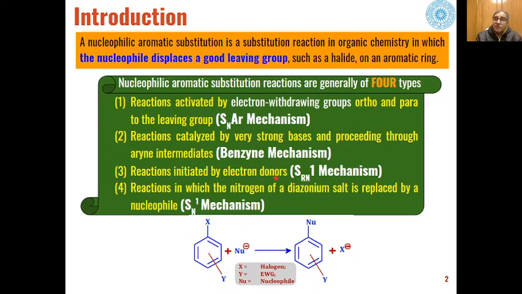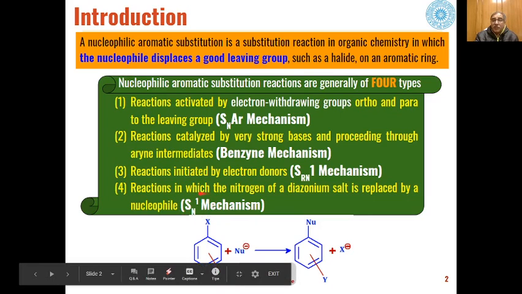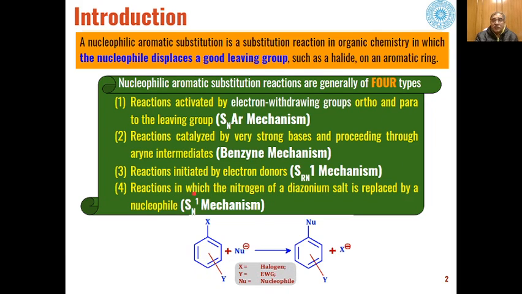So this type of mechanism is followed where the reaction is initiated by electron donors, and in some nucleophilic aromatic substitution reactions even the SN1 type of mechanism is followed, mainly in reactions where the nitrogen of a diazonium salt, which has a positive charge, is replaced by a nucleophile.